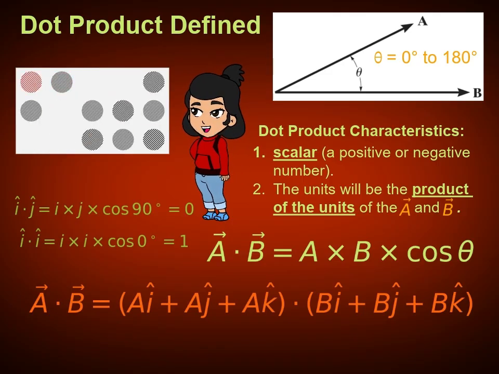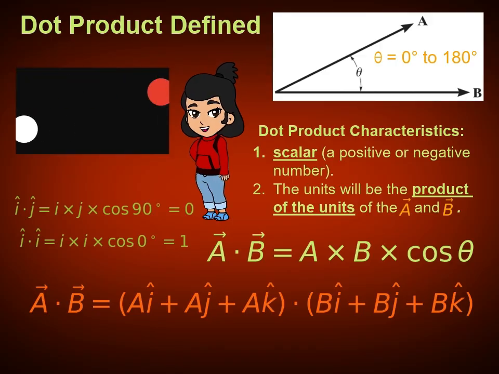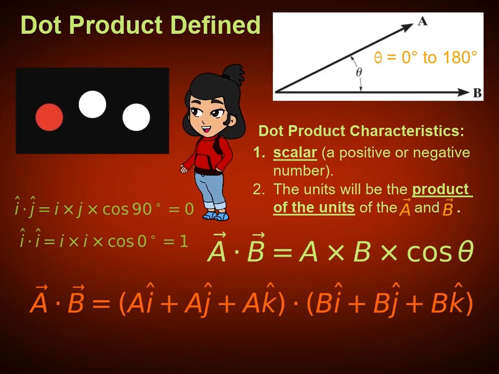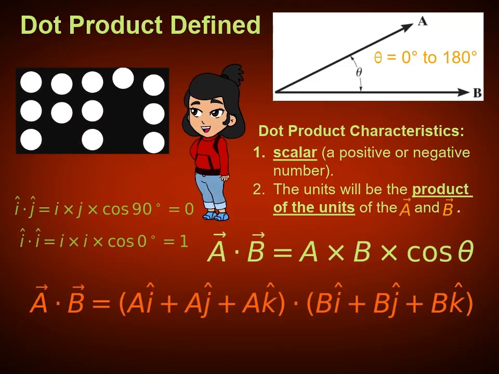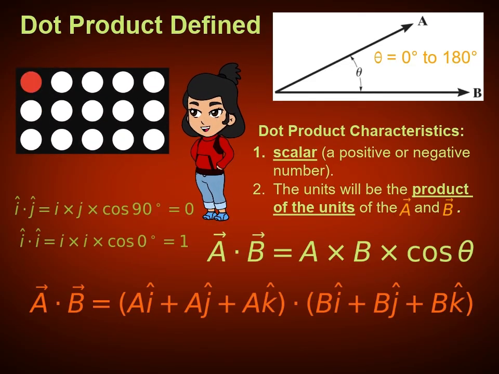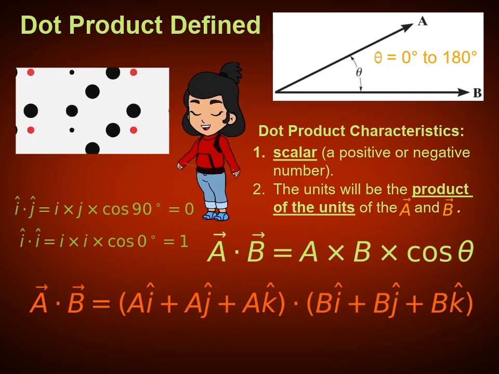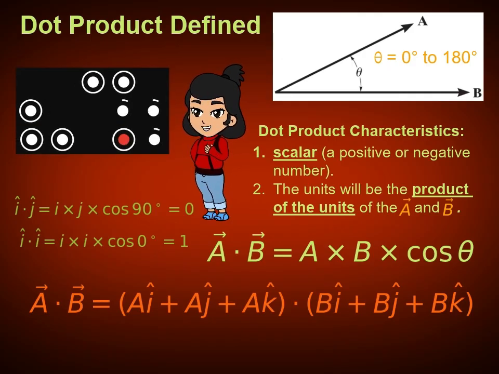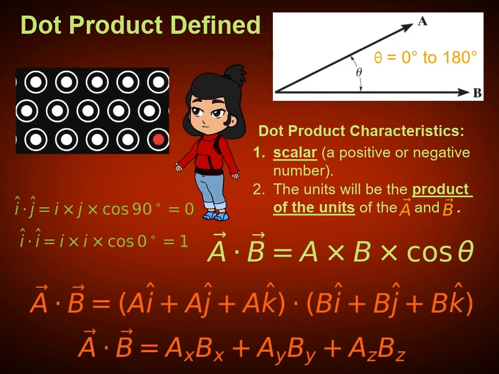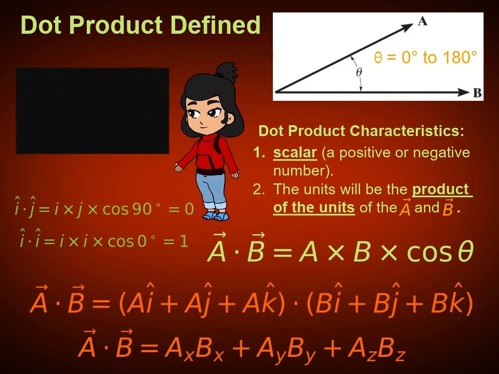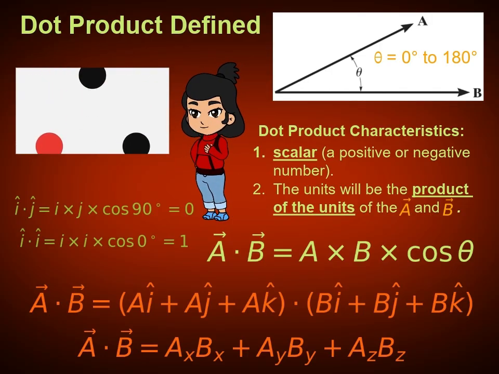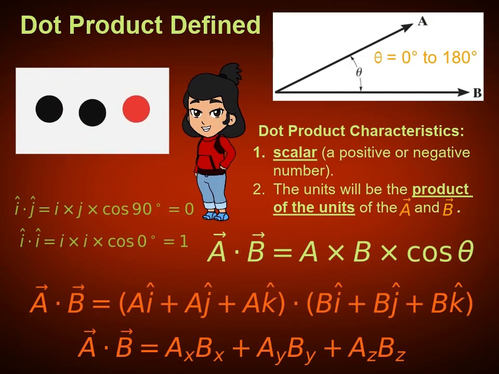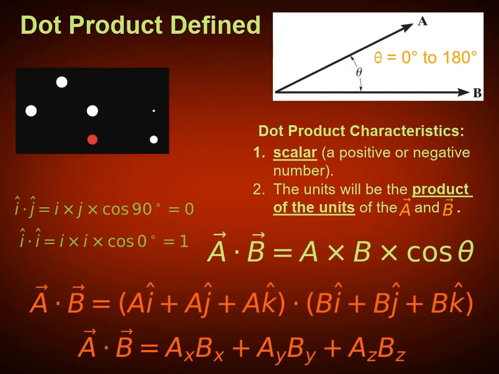Since i dot i is equal to 1, but i dot j or i dot k is equal to 0, we can see that any time a unit vector does not dot itself, it becomes 0. Therefore, vector A dot vector B is equal to a sub x b sub x plus a sub y b sub y plus a sub z b sub z.